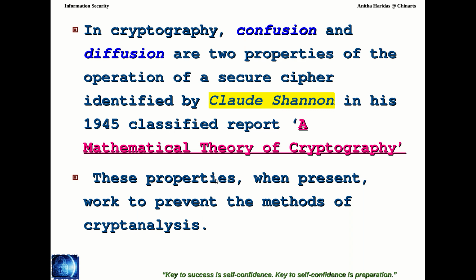If these properties are included in any cryptography, it will prevent the different methods of cryptanalysis. So that is the main objective of adding confusion and diffusion in any cryptographic system.